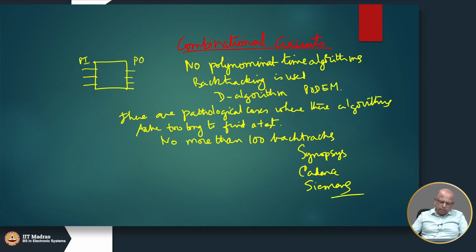So, it may abort some faults. When that happens, the engineer will possibly increase this. Let us try 150 and see whether it works, or 200. It may take longer, but it may succeed this time.